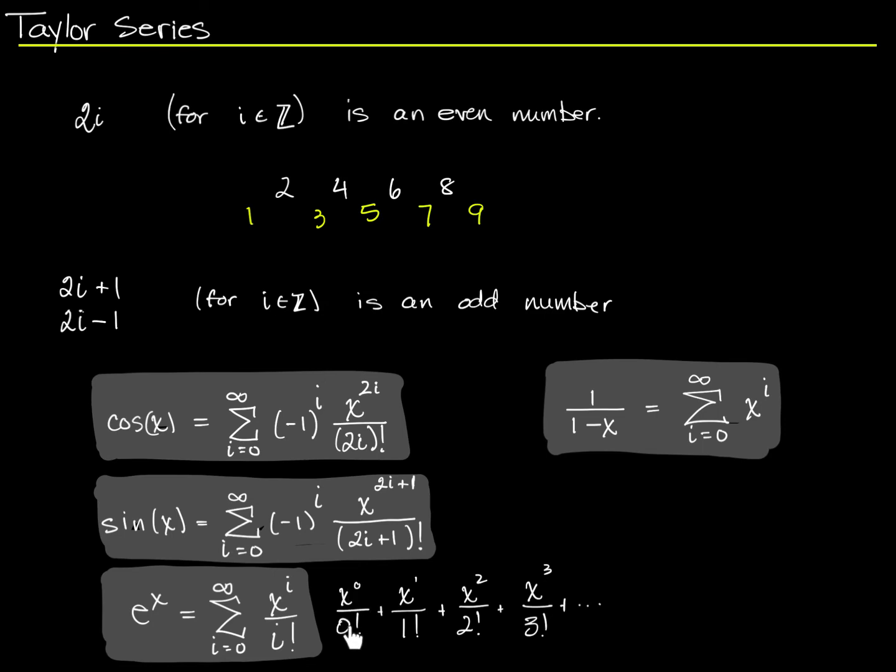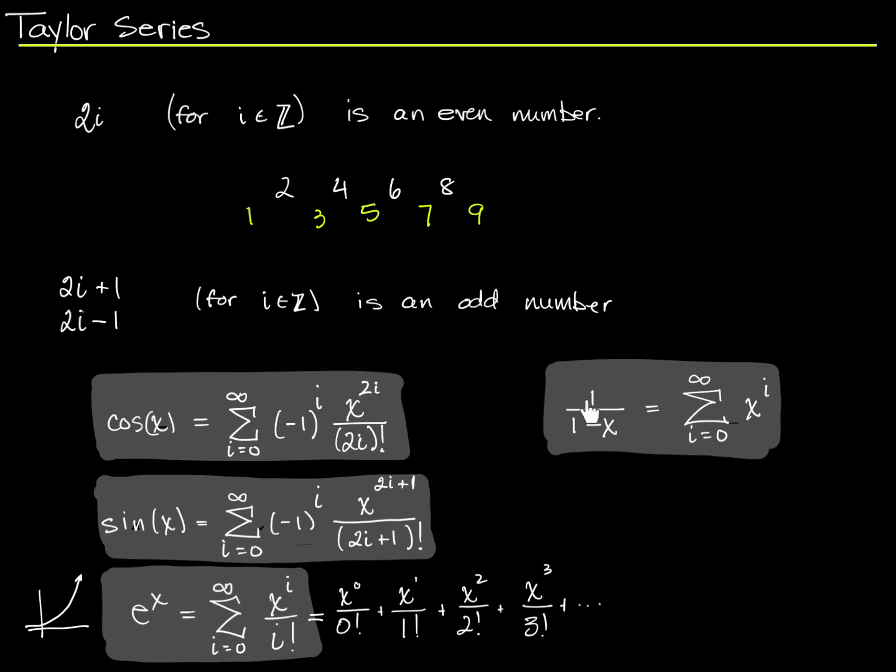So this would be 1 plus x plus 1/2 x squared plus 1/6 x cubed, and so on. With this one, though, the bigger i gets, we're getting bigger and bigger values of i here. Notice that as x gets bigger and as i gets bigger, both of these things get bigger. Remember, e to the x looks something like this.